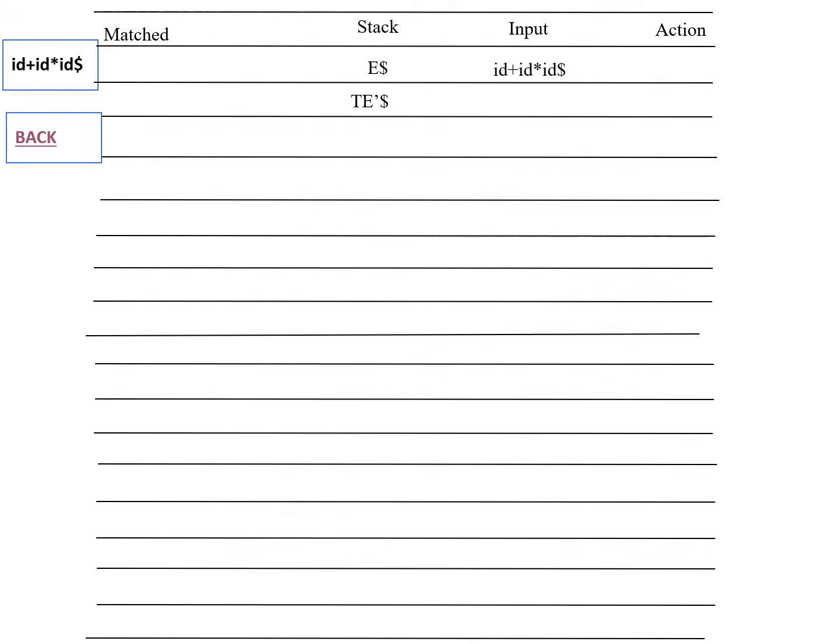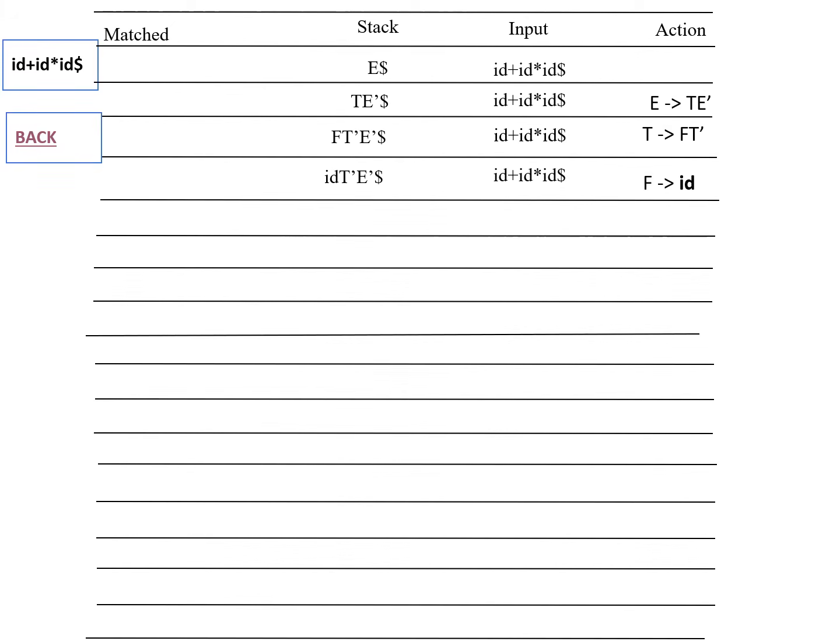So the action is to output E derives TE dash. Next, what is the stack top? T. T on id is FT dash. Output T derives FT dash. What is the stack top now? F. What is F on id? F derives id.